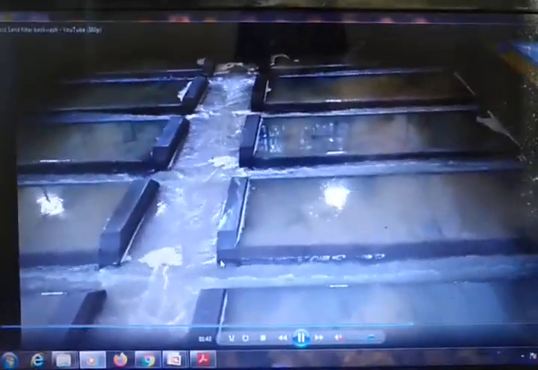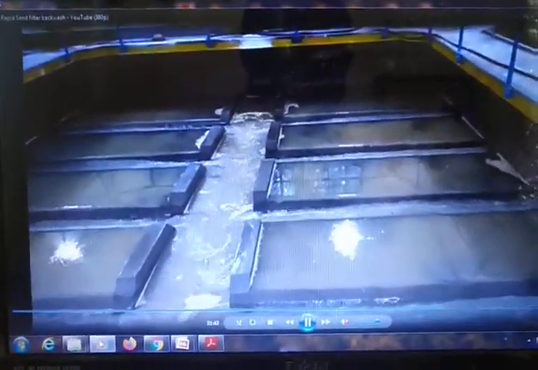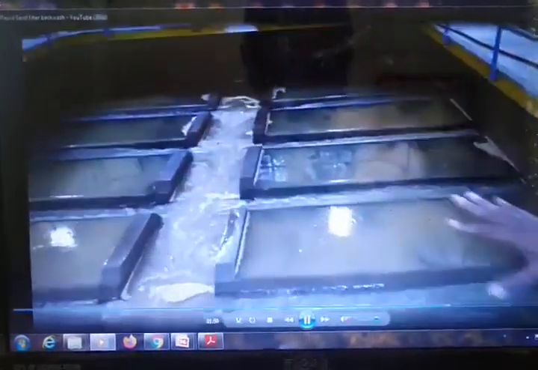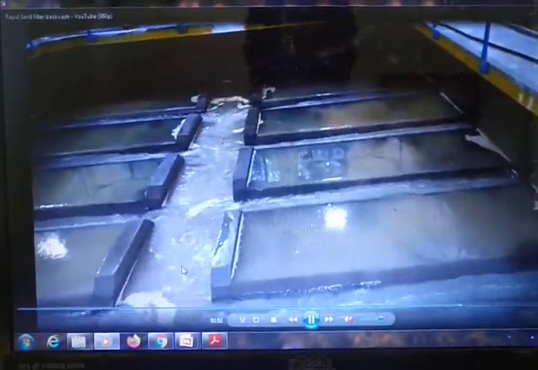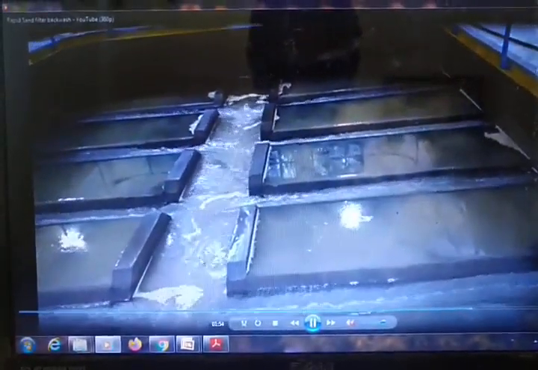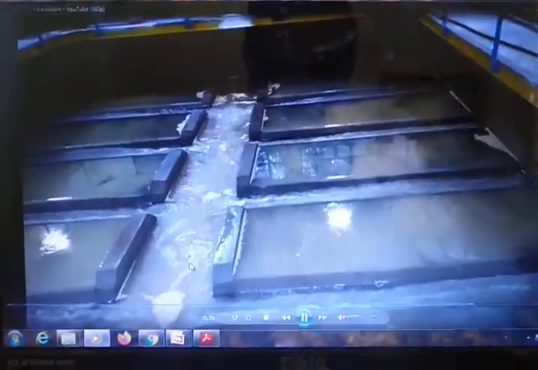Okay, see the dirty water goes, and you will see clear water when all the impurities are removed. And these are wash water troughs, and this wash water is collected and taken out from the wash water tank by opening the valve V5.